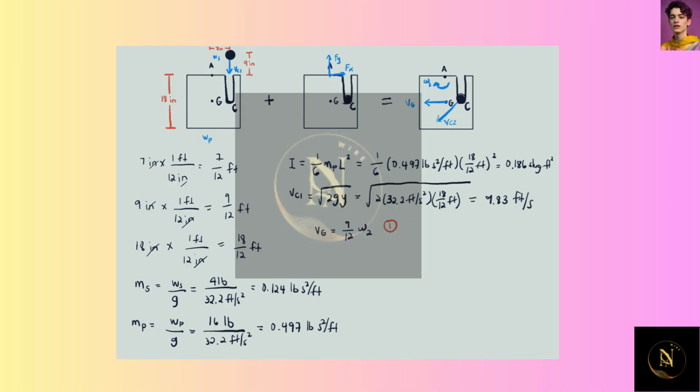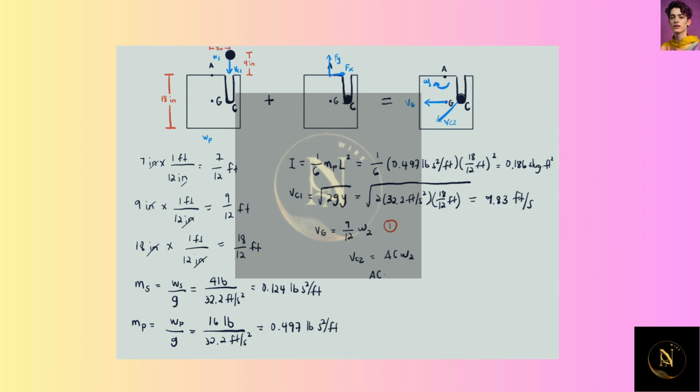And then for Vc2, in our illustration, Vc2 depends on the distance between A and point C. The segment AC is the hypotenuse of a right triangle with sides 7/12 foot and 9/12 foot, so Vc2 is equal to AC times omega.